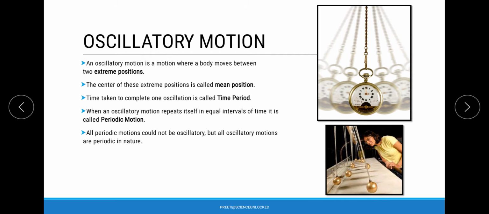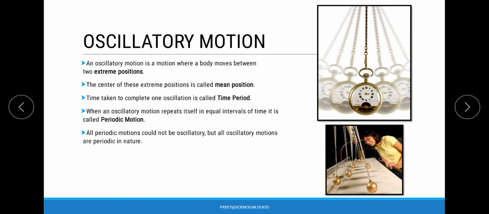For example, the movement of a pendulum or this clock is an oscillatory motion in the first place, but because the time duration is fixed, it is in equal intervals of time and the motion repetition is the same, it is a periodic motion too.